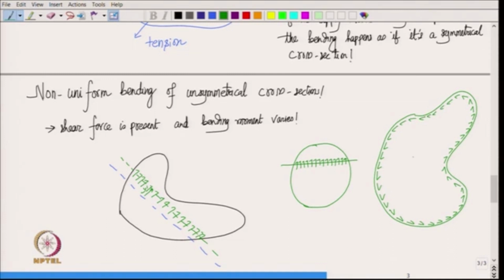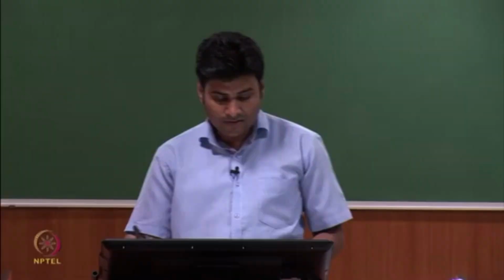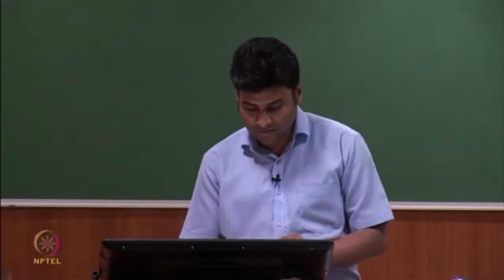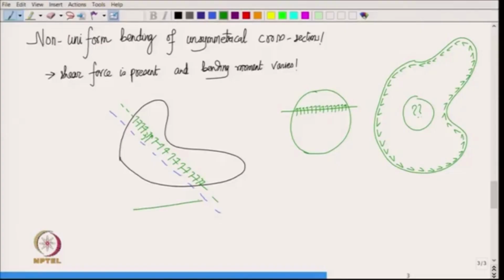Within the cross section, like at these points, the shear stress can have any direction, but close to the periphery of the cross section, they have to be aligned along the periphery. Okay? And if that is the case, you come back to this unsymmetrical cross section, and again we get the violation. So, we can no more assume that the shear stress is uniform along the green line. We will not get any analytical result because of this.